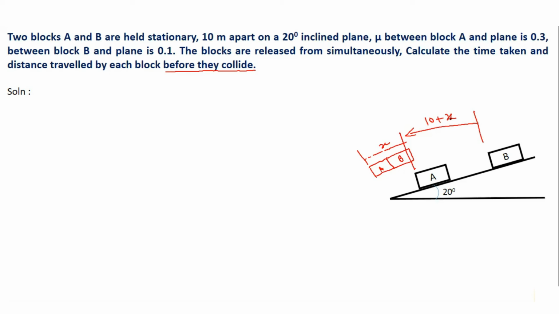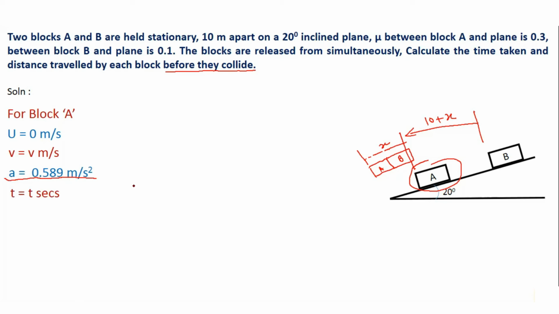Okay, let us analyze the motion of two bodies, starting with block A. For block A, the initial velocity is given to us as 0. Final velocity we need to find out. Acceleration we just found out as 0.589 in the previous step. We need to find out time, and the displacement we have assumed to be x.